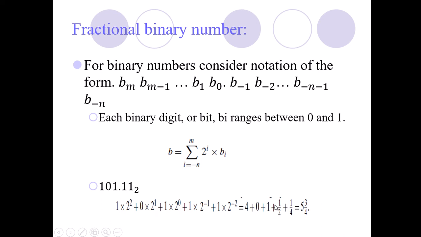After solving all these numbers, you will get 5 plus 3 by 4. So how are we getting 5? 4 plus 1 is 5, and after taking the LCM of 1 by 2 and 1 by 4, you will get 3 by 4.